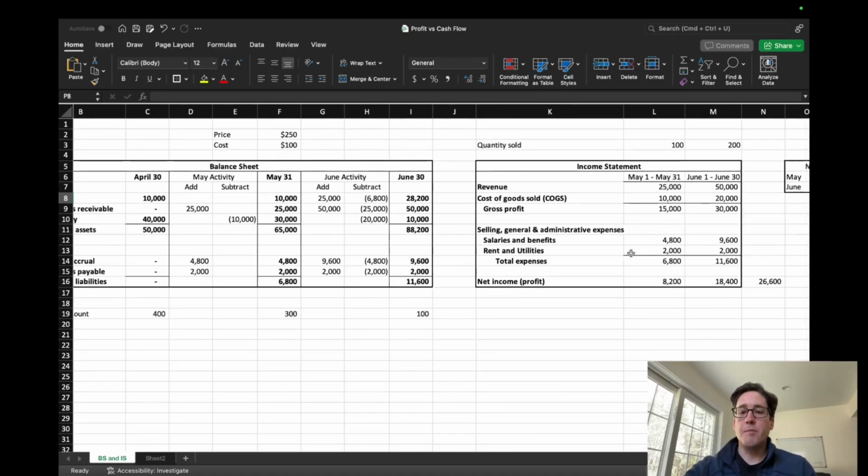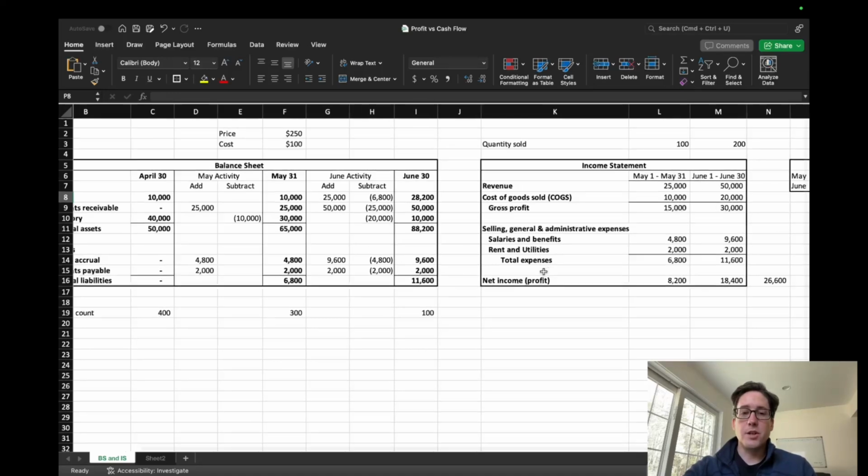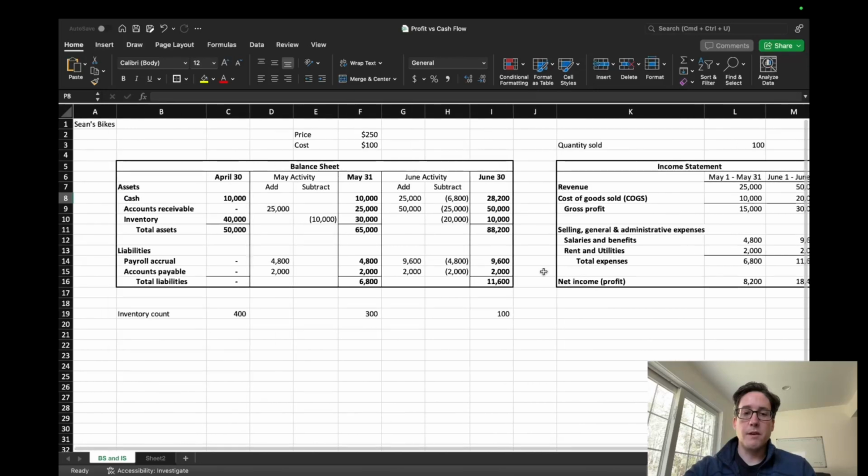Over time, if your sales stayed steady, all this stuff stayed steady, and you didn't change your payment terms for your customers, and your vendors didn't change terms, eventually your cash activity would mirror your profit.